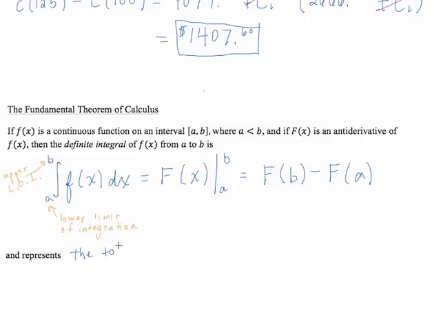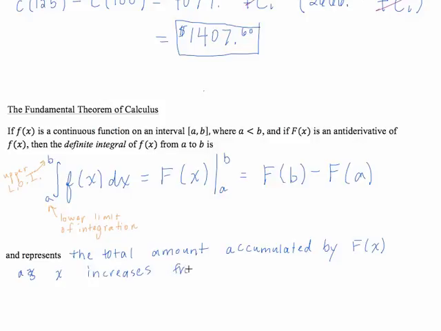The total amount accumulated by capital F would be a better way to phrase it. So it's the total amount accumulated by that antiderivative as x increases from a to b. And that's the fundamental theorem of calculus right there.